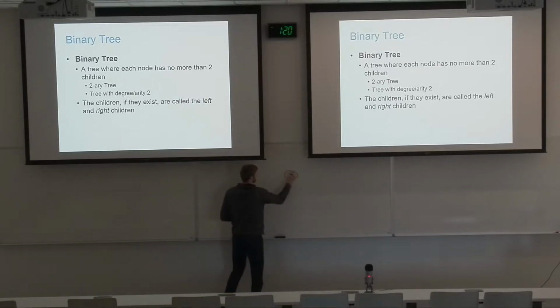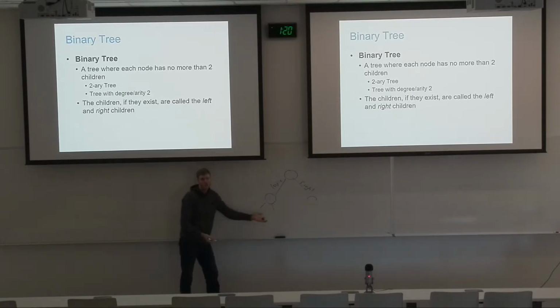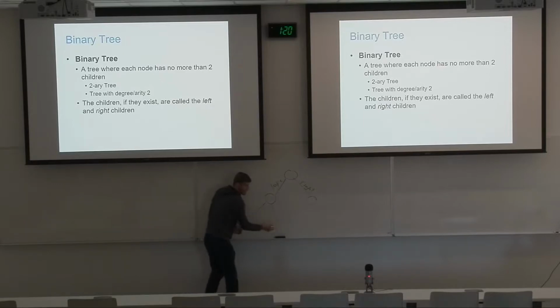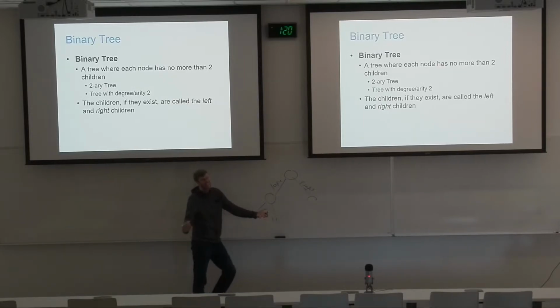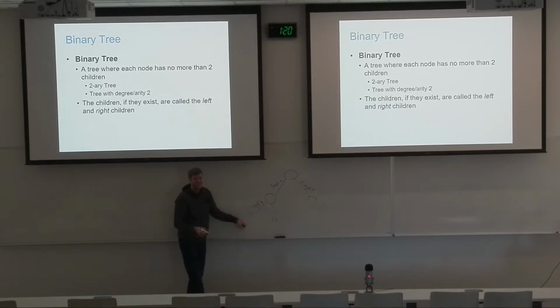So this is the left, and this is the right subtree. This is the root. And of course over here, there are 2 empty subtrees, but this node still has a left and right attribute. So left, even though there's nothing there, and right.